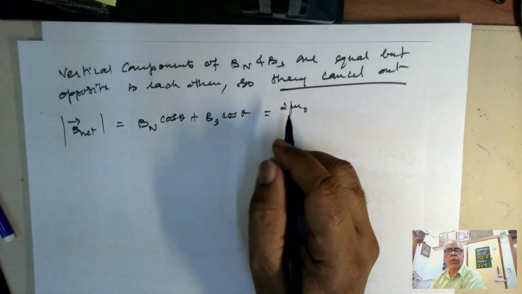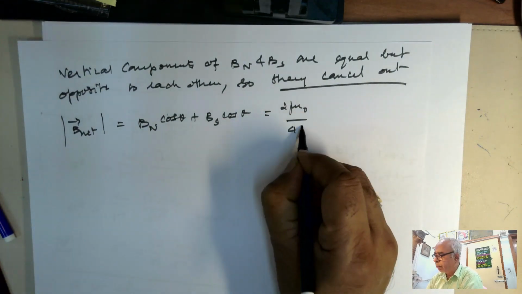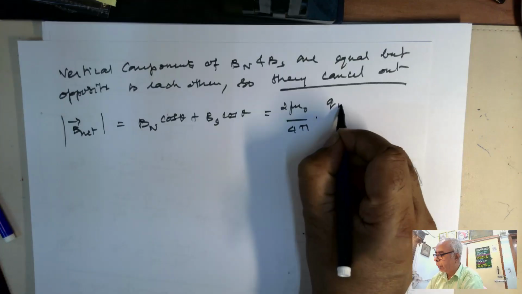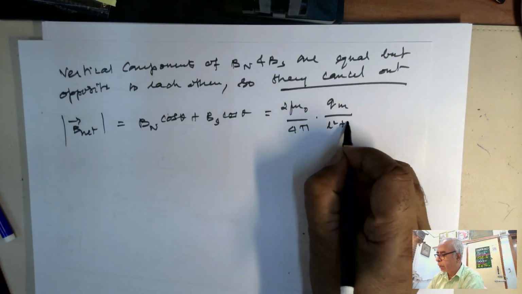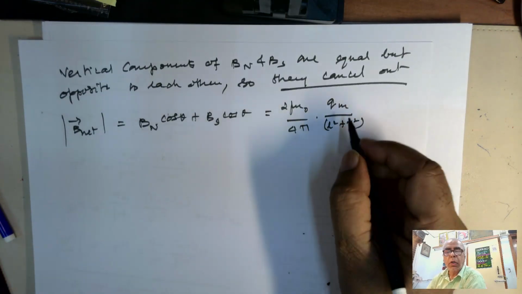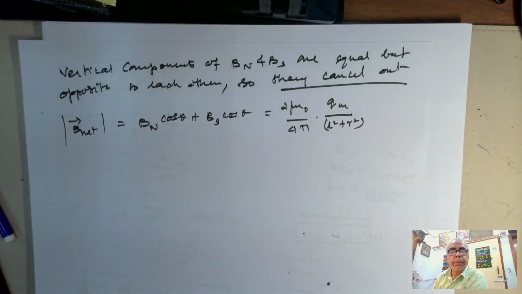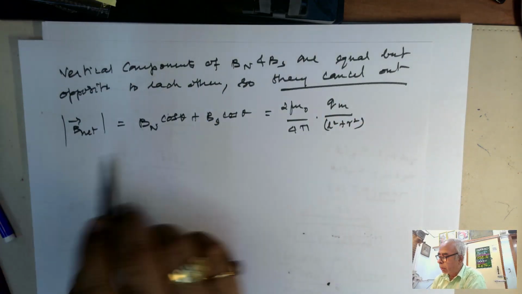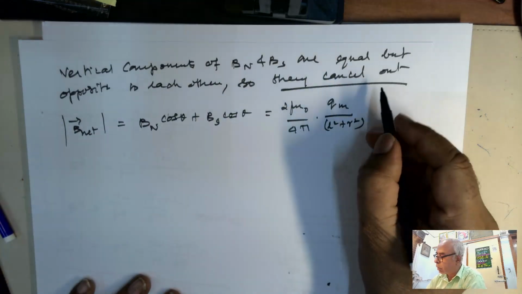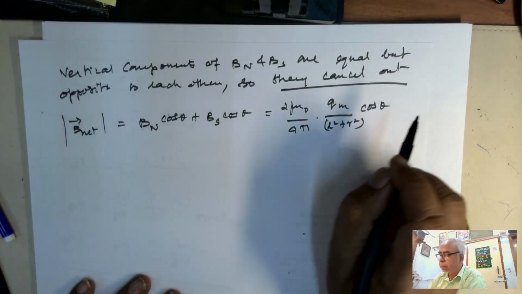So you can put twice. That is why I put 2 mu naught, right? Divided by 4 pi into Qm divided by L squared plus R squared whole L squared plus R squared. And here we have got the cos theta also, so this is 2 cos theta.